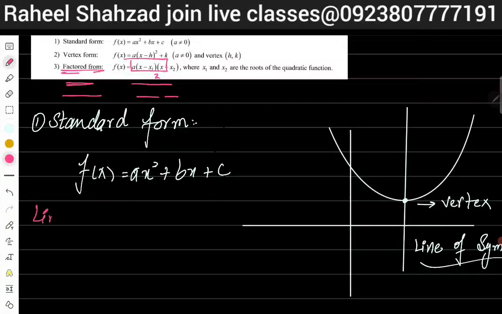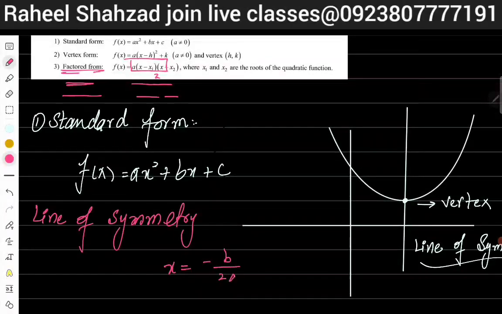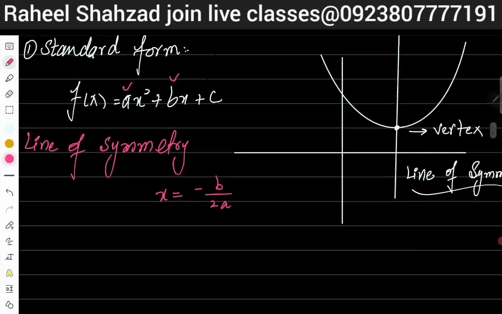Now the equation of the line of symmetry is x equals minus b divided by 2a. Now this is a and this is b, so the line of symmetry is x equals minus b divided by 2a.